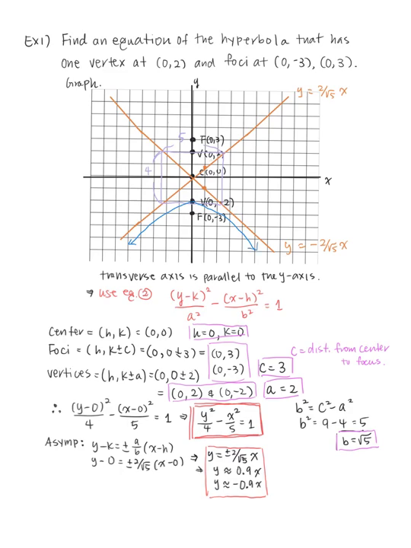All right, and then for the top half, I think this is one of the most beautiful graphs I've ever drawn in this class. All right, so that is the graph of y squared over 4 minus x squared over 5 equals 1.